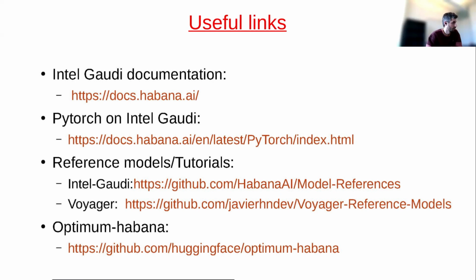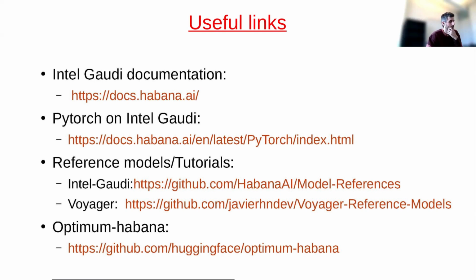Then we have two repos. The first one is the official one from Intel. We are not a part of this repository, but they are providing models that they tested on Intel Gaudi. They are maintaining those models, so you can check them.